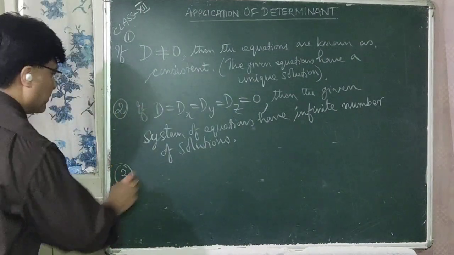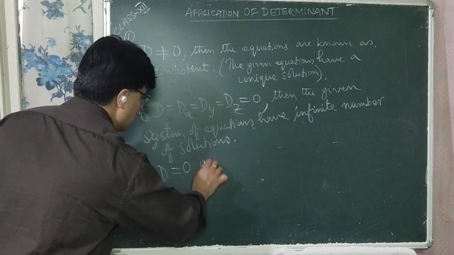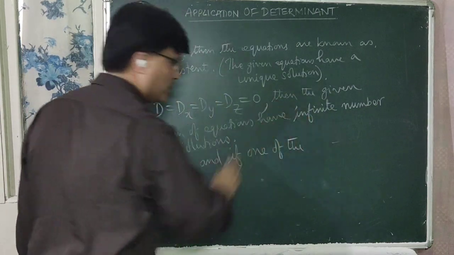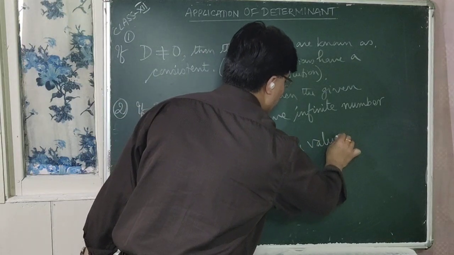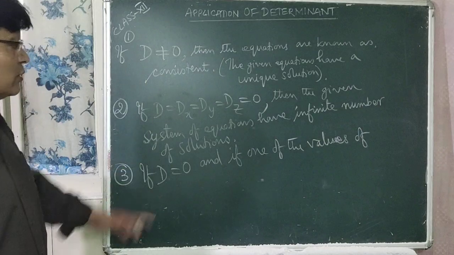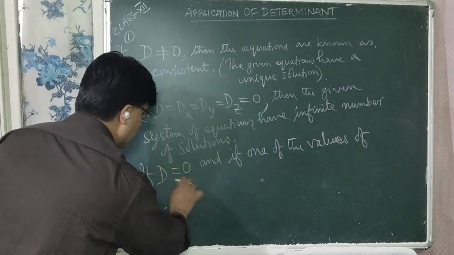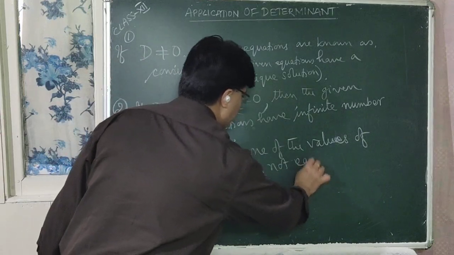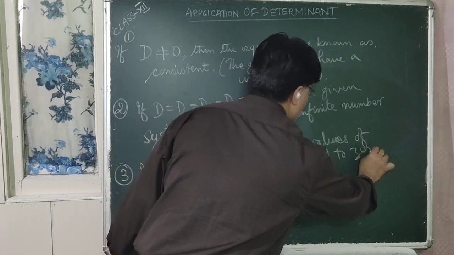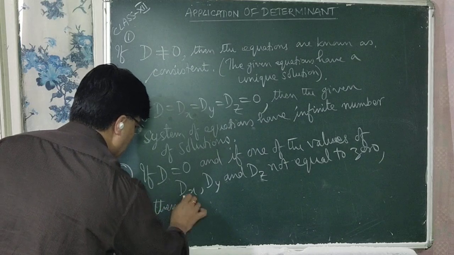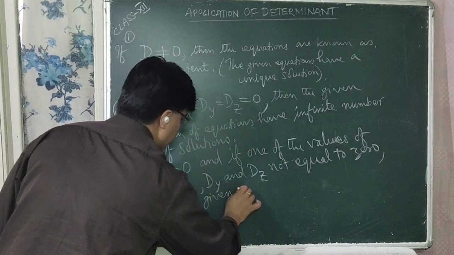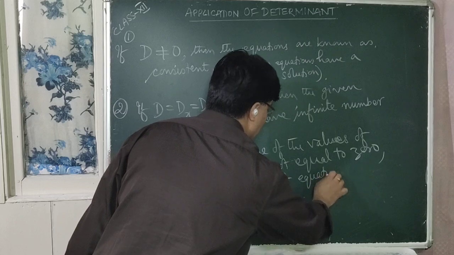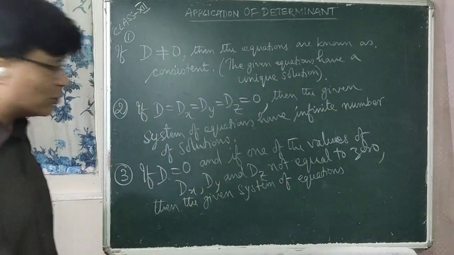Next, number 3, if d is equal to 0 and if one of the values of dx, dy and dz is not equal to 0, then the given system of equations have no solution.